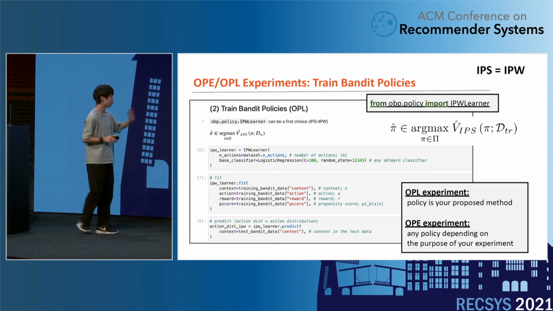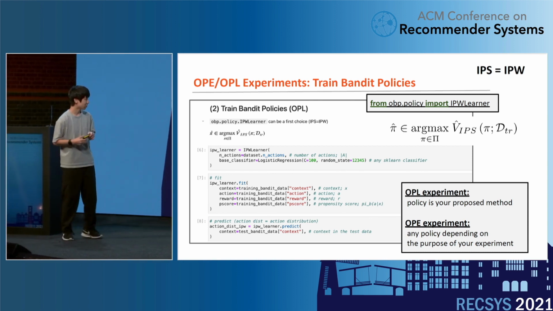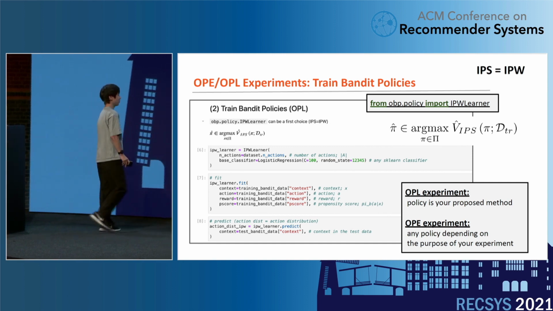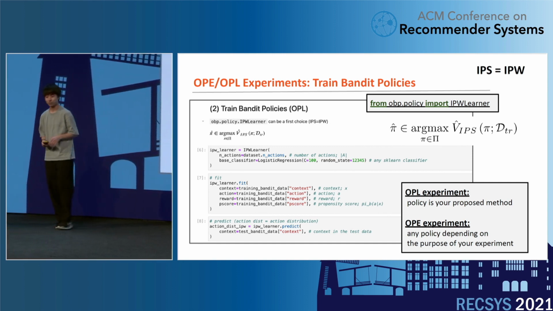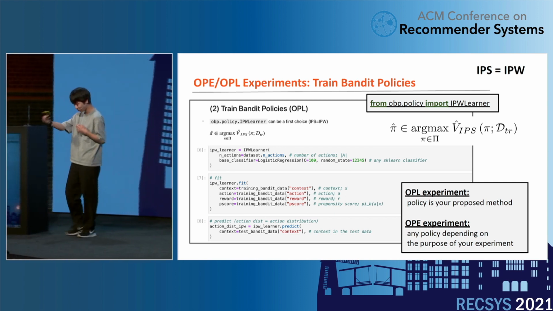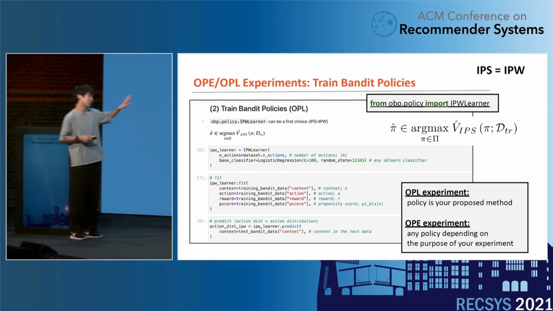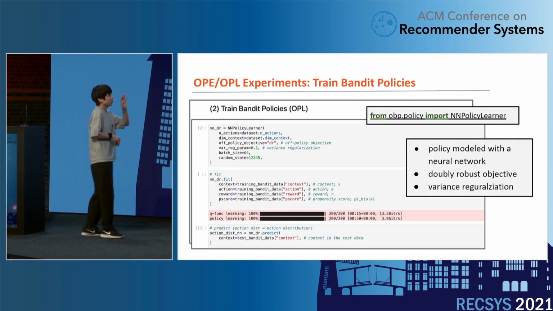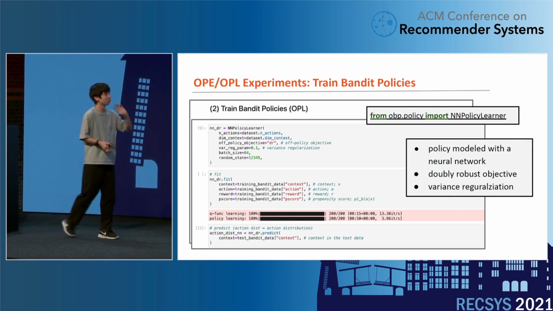We call the fit function to learn the policy parameters, and right after that we can make new decisions for the test data. So here I'm using the training bandit data, and the next step is the test data, because we have to make new decisions for the test data by using the training data. This is almost the same as supervised machine learning. We can also use a neural network policy learner, which is a different class implemented in the same module.